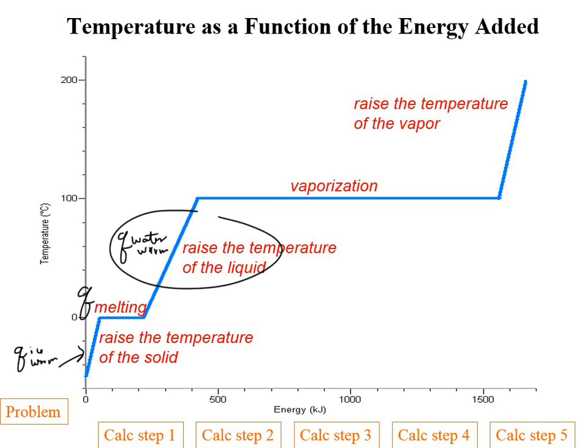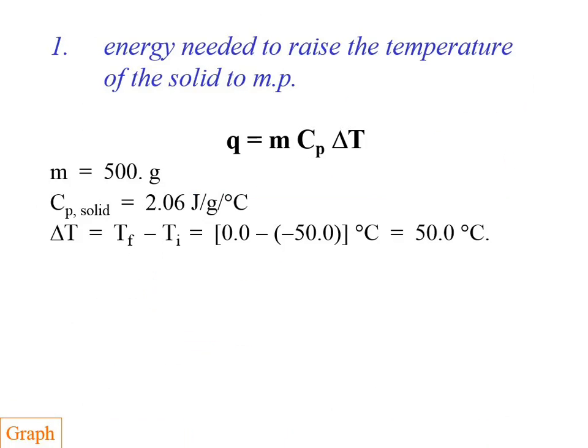And here you have the Q of vaporization, and here the Q of gas warming. However descriptive or not descriptive you want to make those Q values, you add them all together, and that's how much energy we pumped into it. So let's do each of the 5 parts and add them together and call it a day.